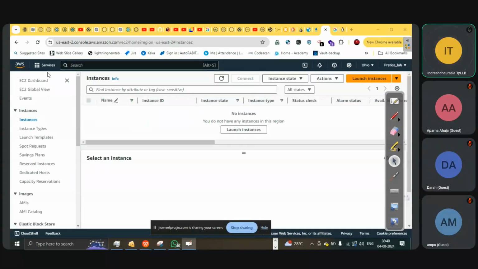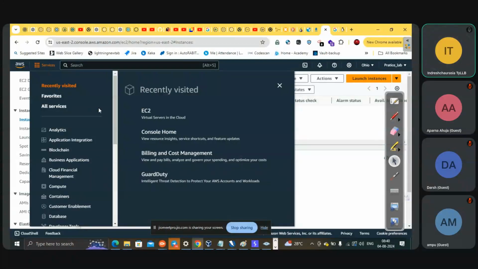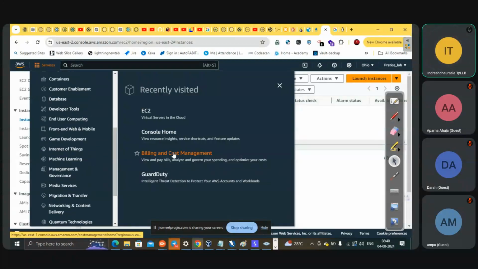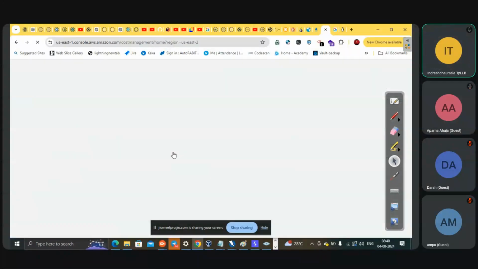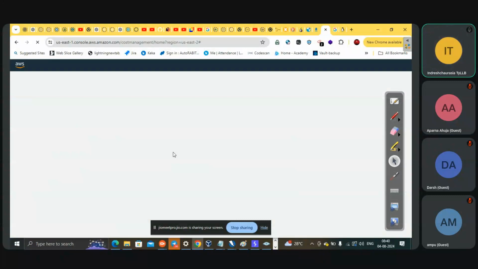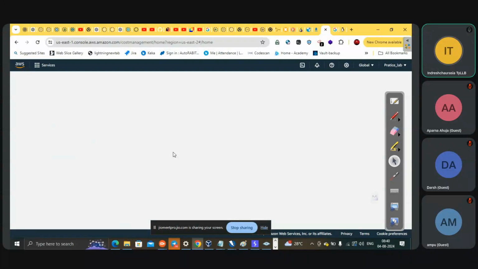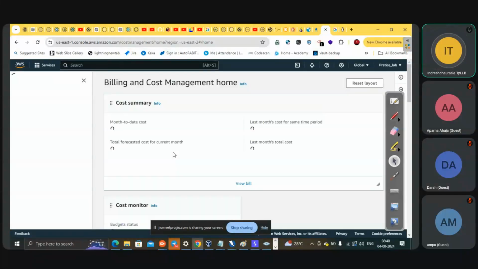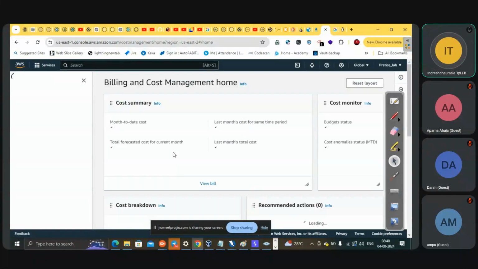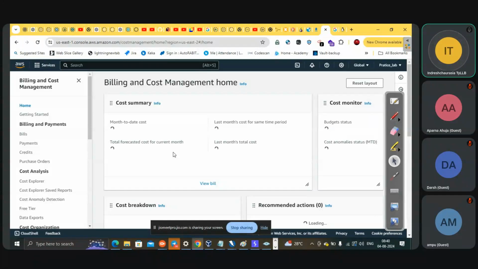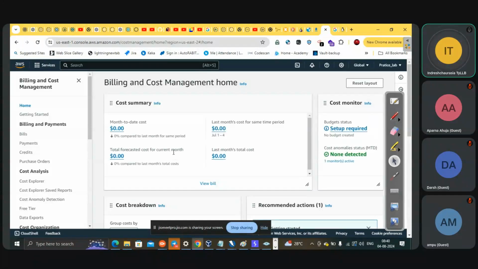So how are we going to see those billing things? See, bill and cost management. Here, only the account owner has access to this. You are going to see how much it costs when you switch on a server.